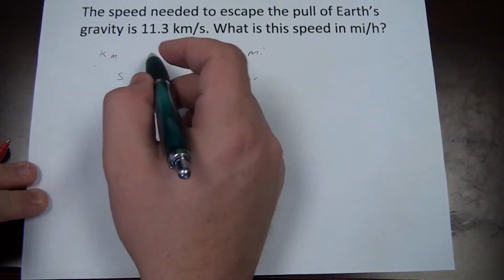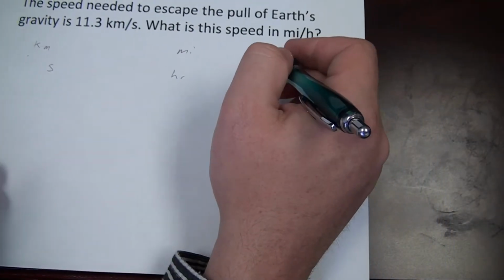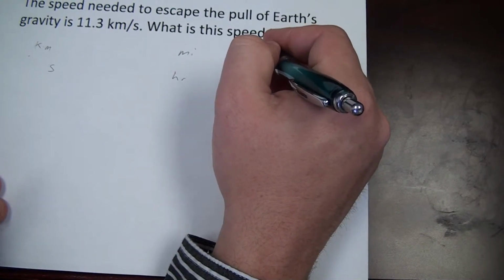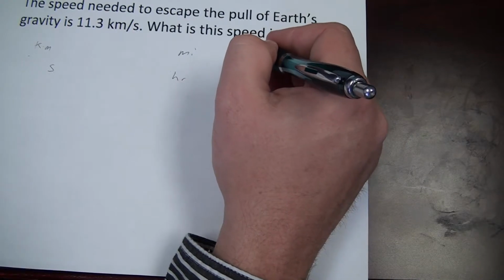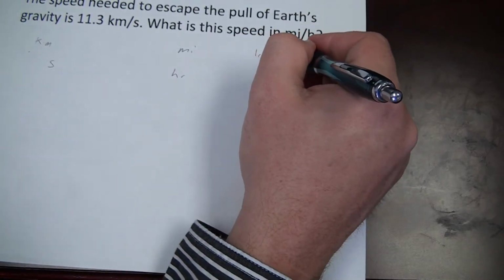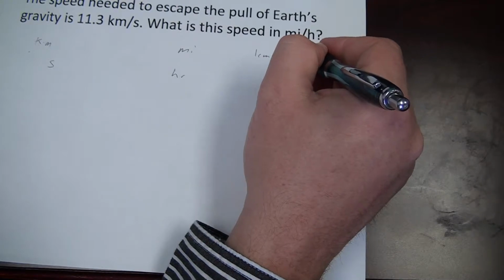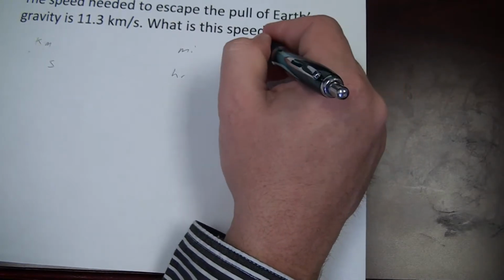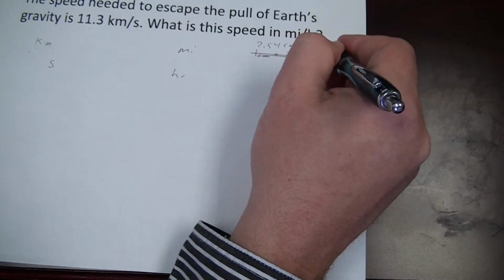So to go from kilometers to miles, I know a conversion: 2.54 centimeters is equal to 1 inch.